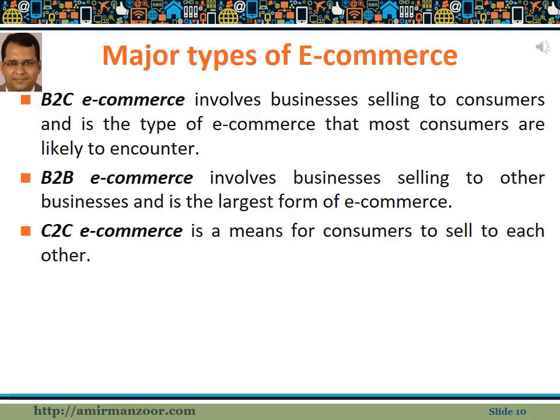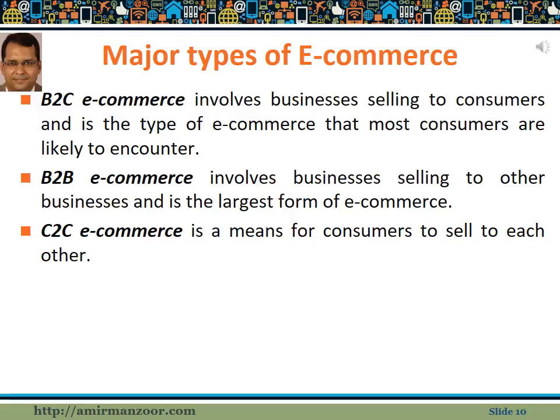The most commonly discussed type of electronic commerce is B2C electronic commerce, in which online businesses attempt to reach individual consumers. B2C commerce includes purchases of retail goods, travel services, and online content. B2C has grown exponentially since 1995 and is the type of electronic commerce that most consumers are likely to encounter.